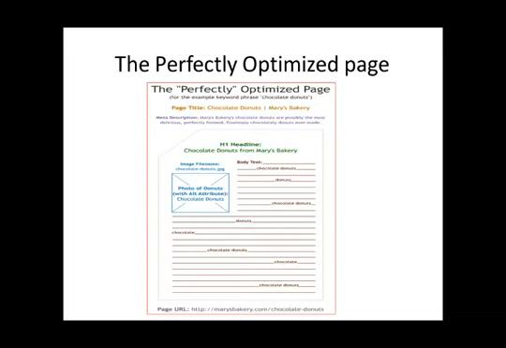When you go to the left, the image reads chocolate.donuts.jpg, which is again a positive indication to Google that this image is all about chocolate donuts, and it helps in indexing the image as well. And we have an alt attribute which also reads chocolate donut. So this is how a perfectly optimized page would look, and this is how the page should be coded by all the web developers.